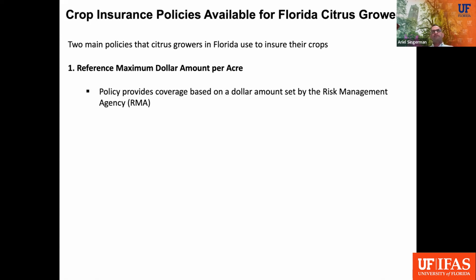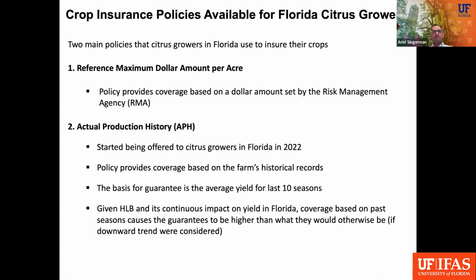And this policy provides coverage based on a dollar amount set arbitrarily by the risk management agency. The second one started to be offered in 2022, and that is the actual production history. This policy provides coverage based on the farm's historical records, and the basis for the guarantee is the average yield for the last 10 seasons.